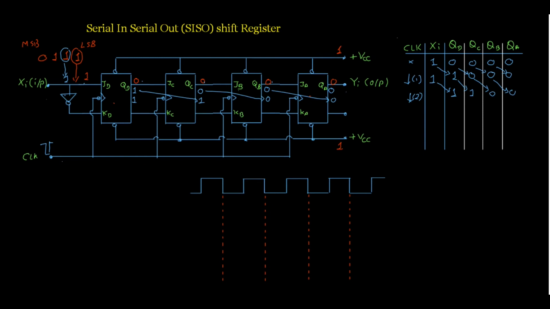Now at this point my third bit is going to appear here, that is also a high level. So here we write the input is 1.